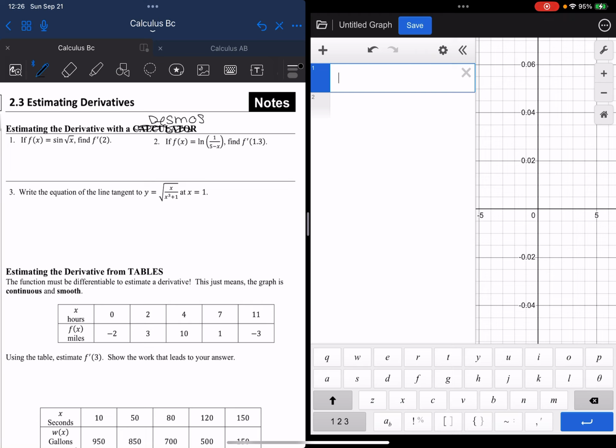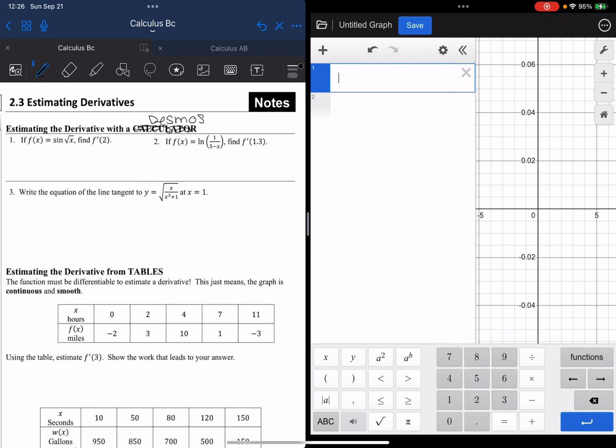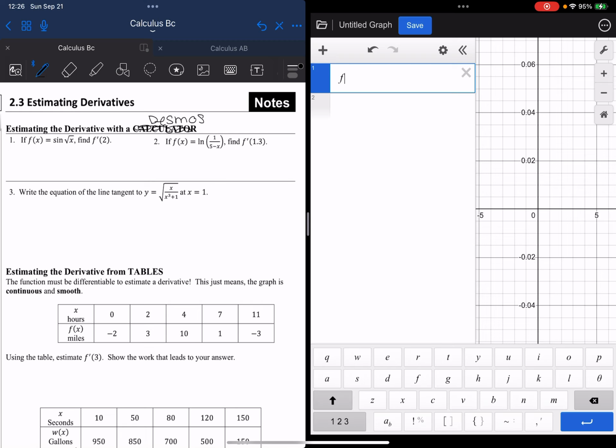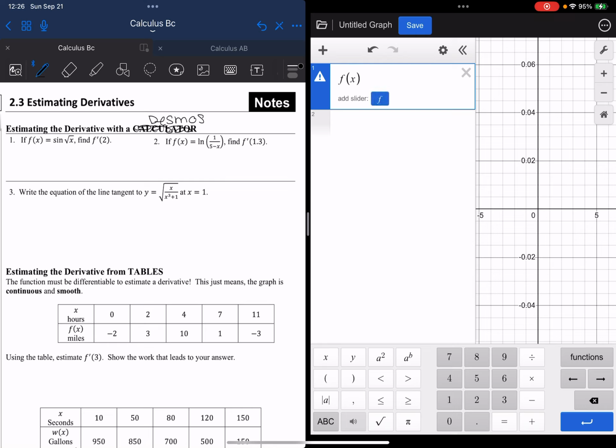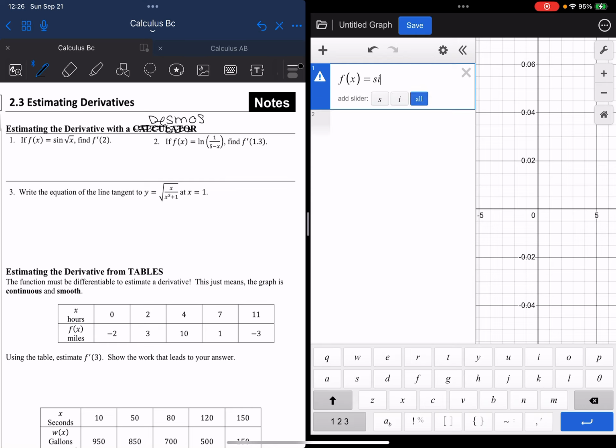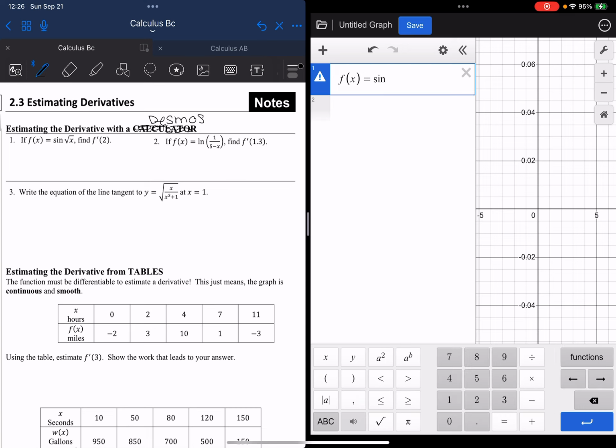So I'm going to do f of x equals, and then sine square root of x. Okay, that's my function. And then I'm going to do f prime of 2.